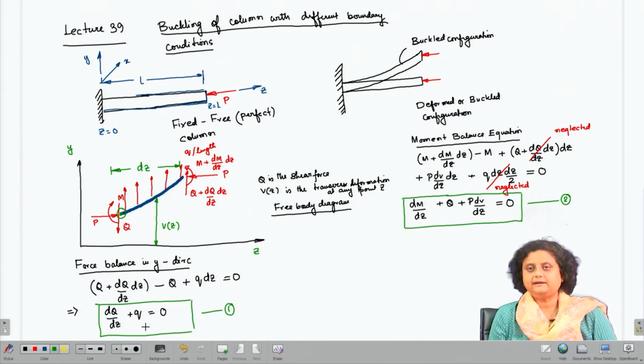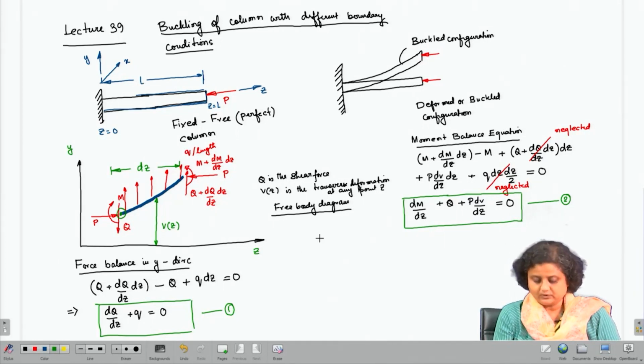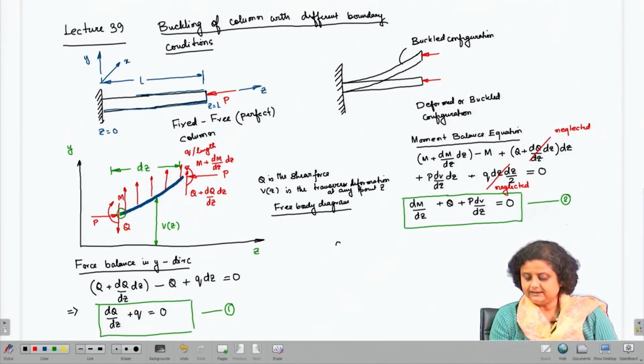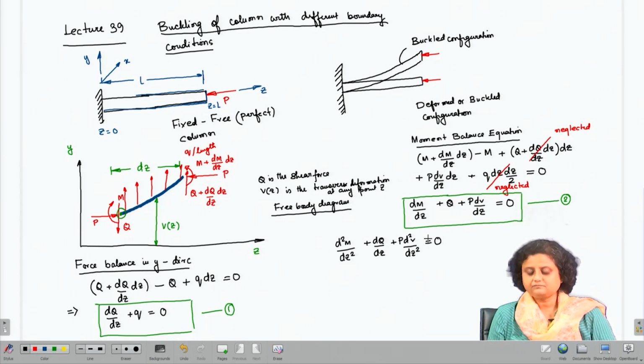So, if I take a derivative of equation 2, I am going to get d2m by dz square plus dq by dz plus p d2v by dz square, and that is equal to 0. Right.